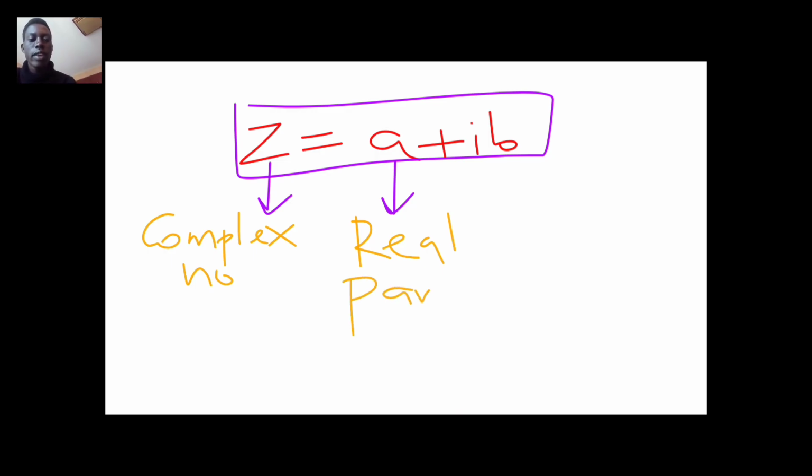This is known as the real part, and ib is the imaginary part.